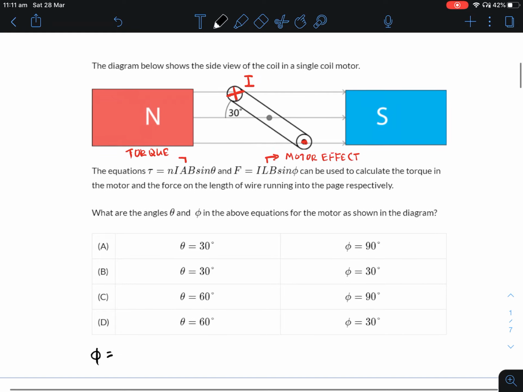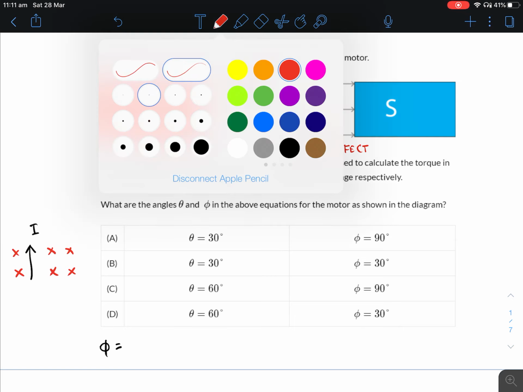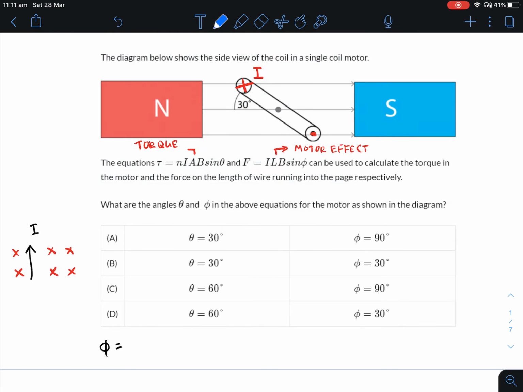Well, if we remember back to our classic example where we have a current carrying conductor here, and we've got a magnetic field surrounding this current carrying conductor, we know that because of the right-hand palm rule, if you point your thumb in the direction of the current and your fingers into the page because of the magnetic field, sorry, I forgot to label this, you will know that there's a force pointing towards the left on this current carrying conductor. There'll be a force.